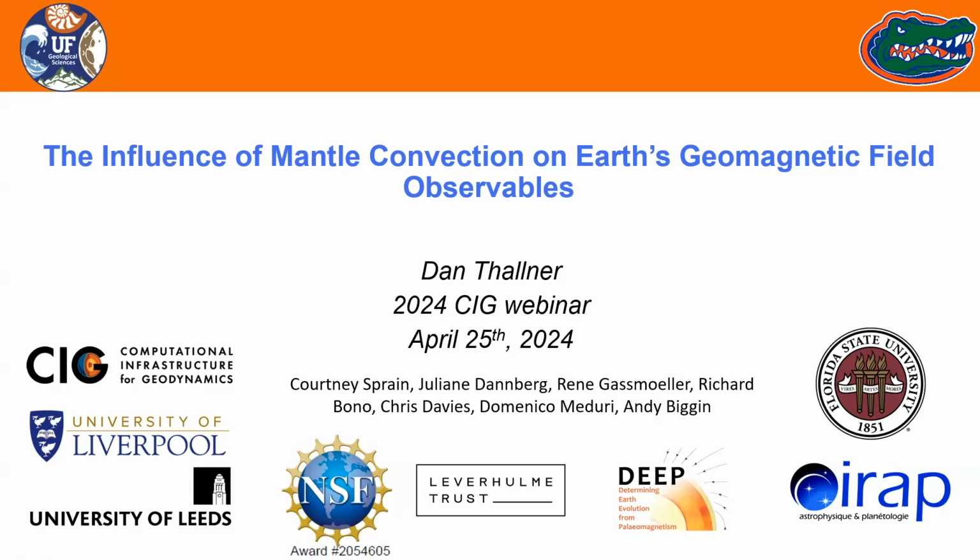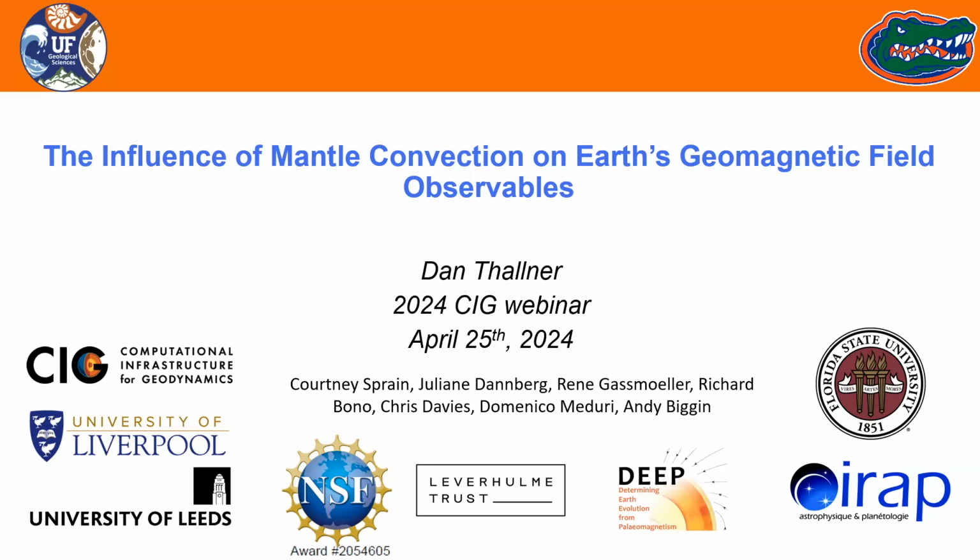My name is Thallner. I am a postdoc at the University of Florida, and I'm working together with Courtney Sprain, Juliane Danberg, and Renee Gassmüller here at University of Florida on trying to figure out what effects of mantle convection we can see in the magnetic field on the surface.